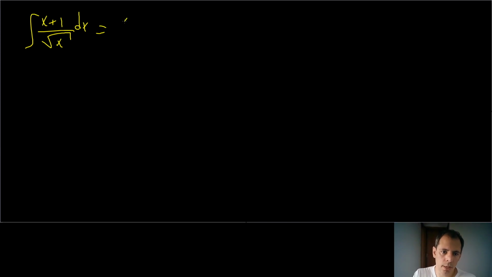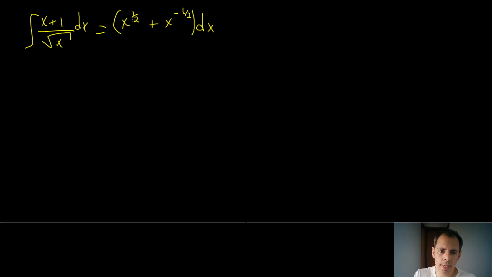So it's going to be x to the half plus x to the minus half. Sometimes the notation means that you're integrating everything that comes to the left, but I'm going to put the parentheses here.